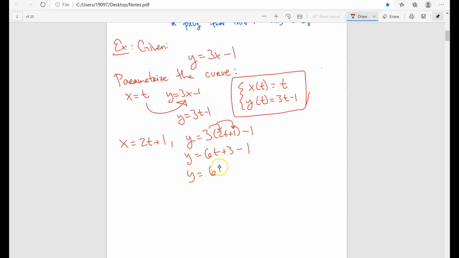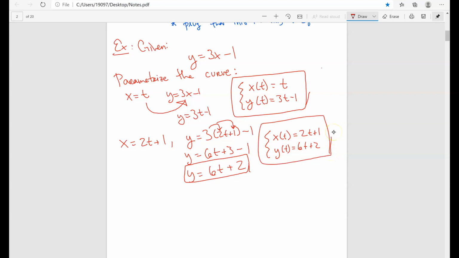So you're going to get 6t plus 2. That means my parametric equations were x equals 2t plus 1 and y equals 6t plus 2. Even though these two look very different, they will still shape this curve. When we graph them in a second, this is basically going to give you this curve.